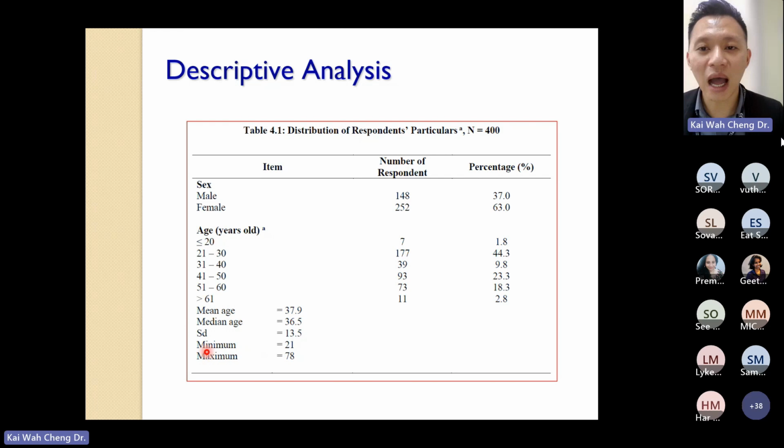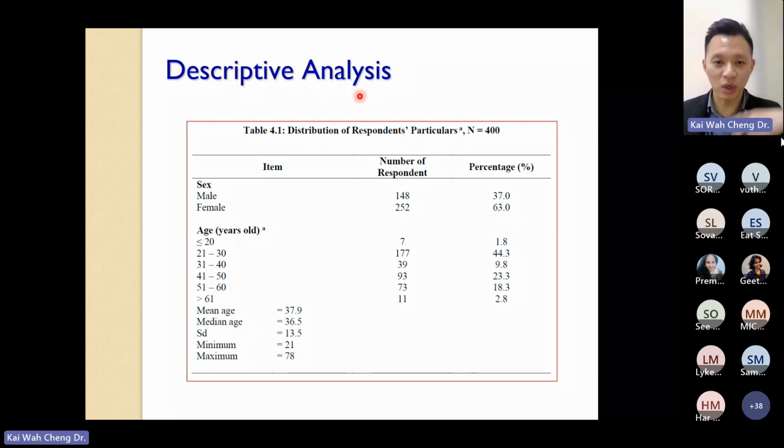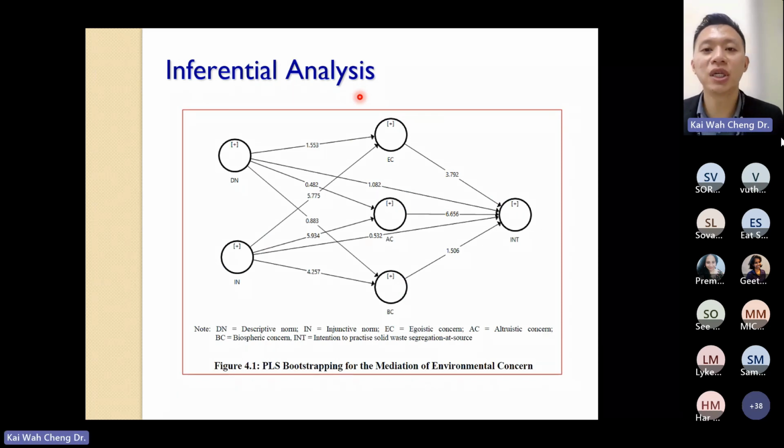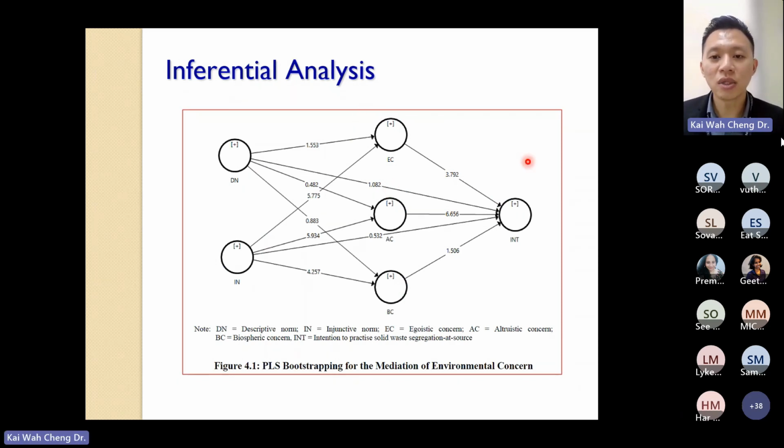These are examples of descriptive analysis. If you present your data in this way, that means you are conducting descriptive analysis. And then we have another one, inferential analysis. This is the example output that I derived from Smart PLS.